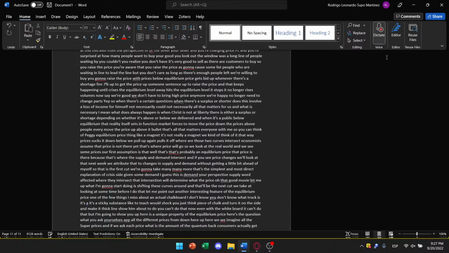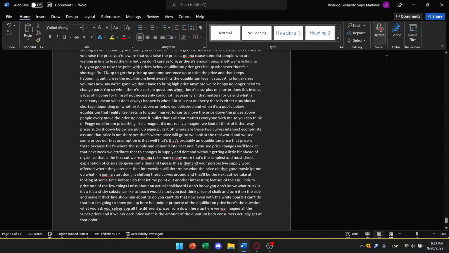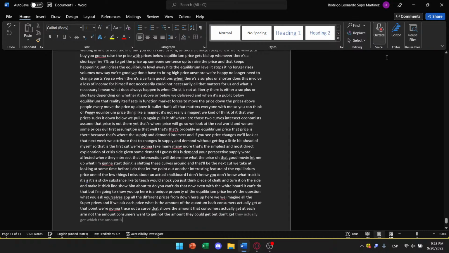We're going to trace out a curve that shows the amount that consumers actually get at each price. Not the amount consumers want to get, not the amount they could get but don't get. The amount they actually get. What's the amount that's actually transferred from sellers to buyers?